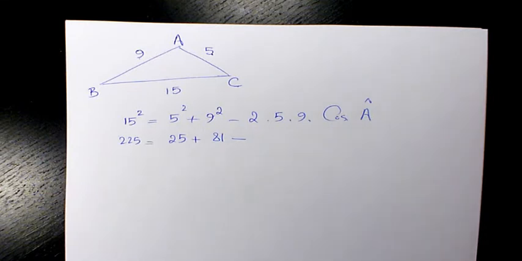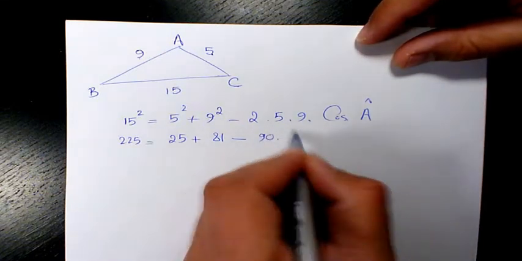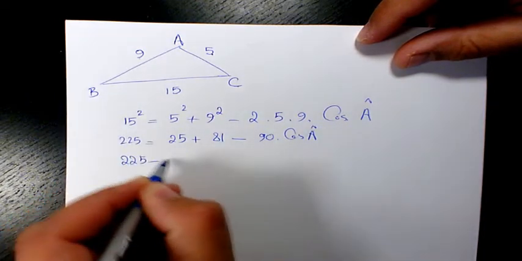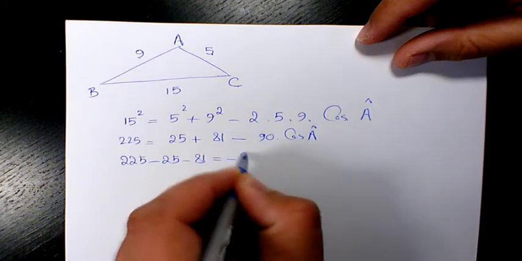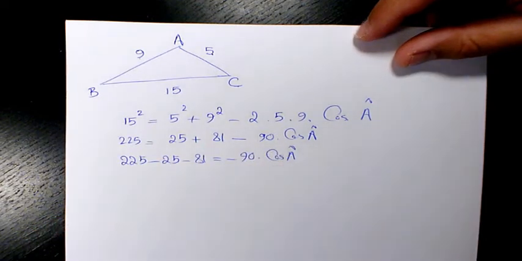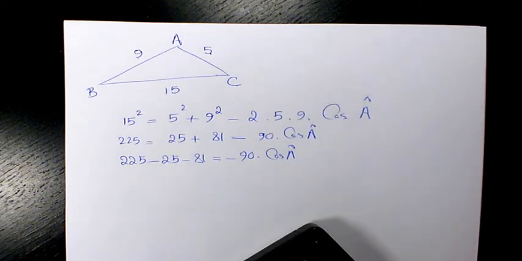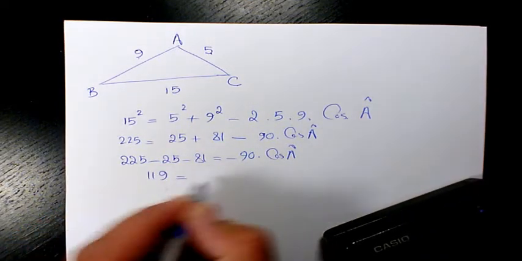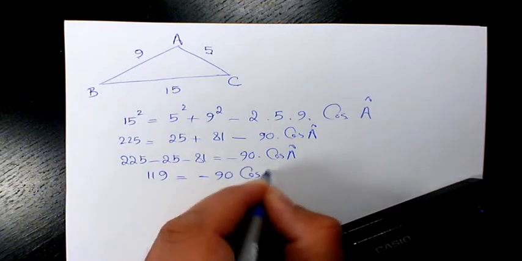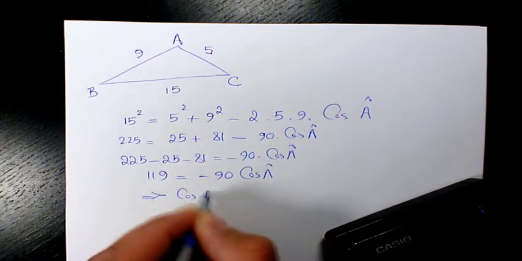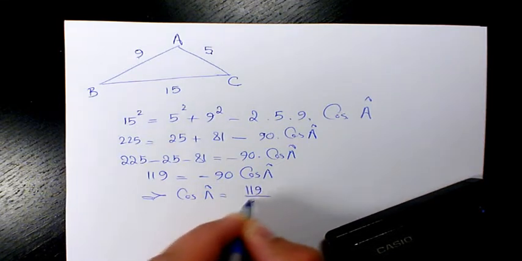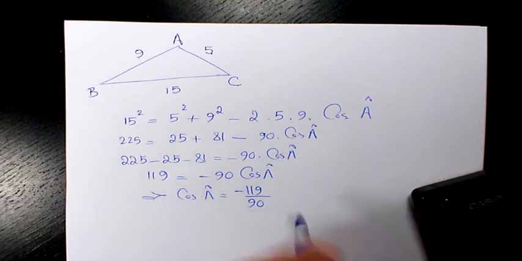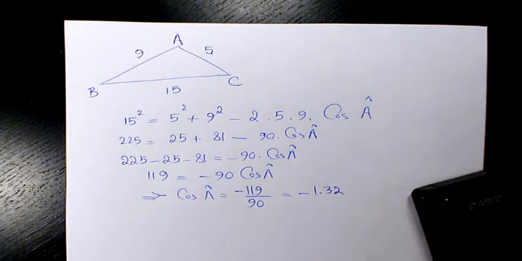So we have 90 times cosine A. So we can say 225 subtract 25 subtract 81 equals negative 90 cosine A. So 225 subtract 25 subtract 81 is going to be 119 equals negative 90 cosine A. Therefore cosine A is going to be 119 over negative 90, which is going to be negative 1.32.